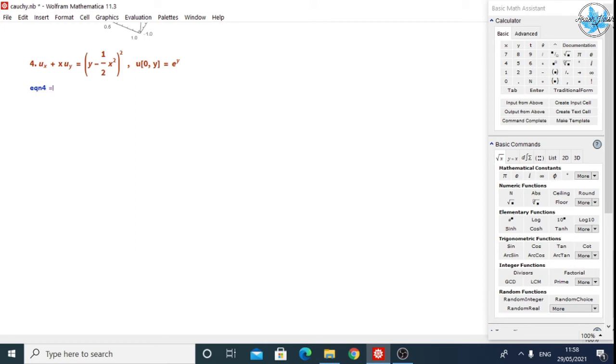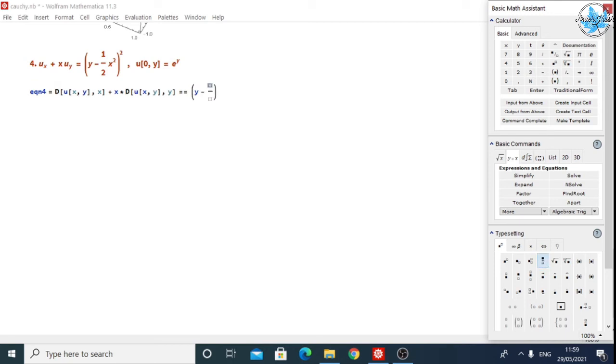EQN4, this is my equation 4, equals to d u of x comma y with respect to x, then plus x into d u of x comma y with respect to y, then double equals to y minus half.